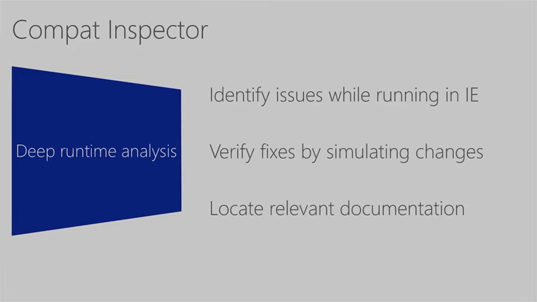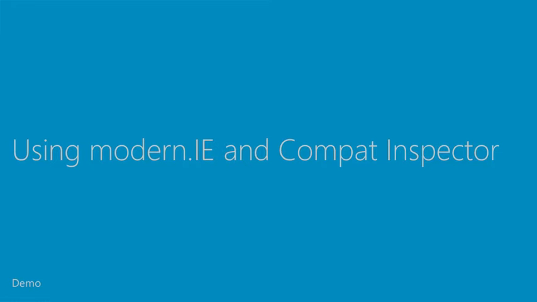And last, rather than having to search through an abundance of documentation about the changes in the platform, when Compat Inspector has identified an issue, it helps get you to just the piece of relevant documentation that matters to your situation. Let's go take a look at understanding how Modern IE and Compat Inspector can help us by applying them both to our demo site.